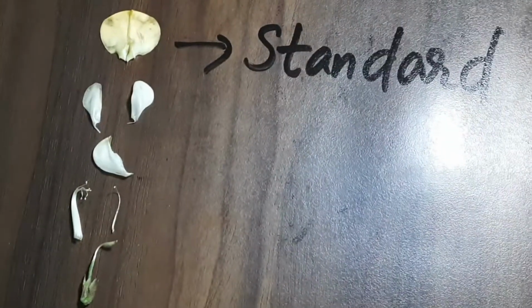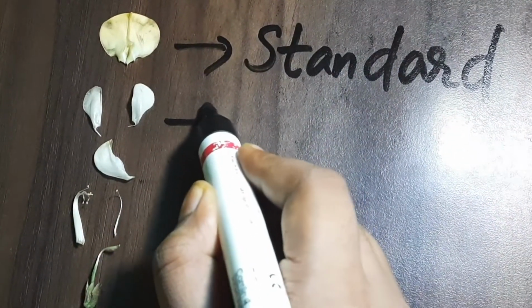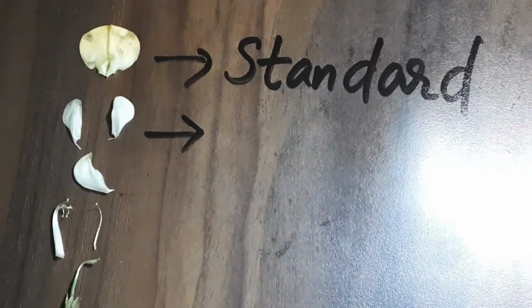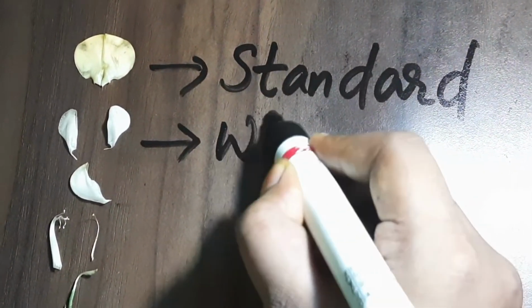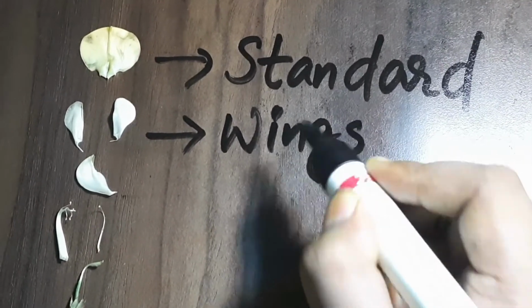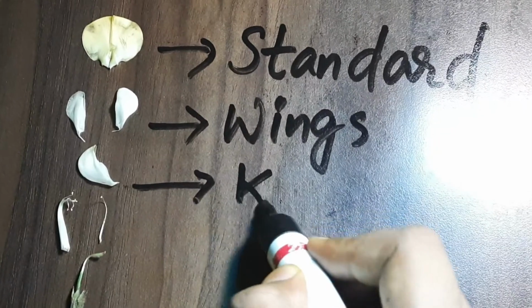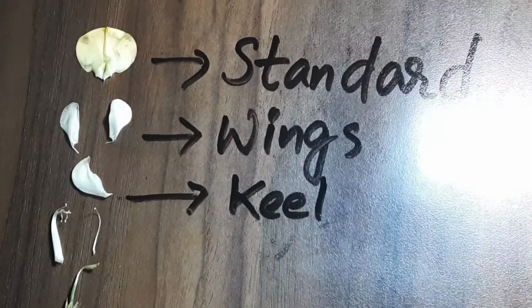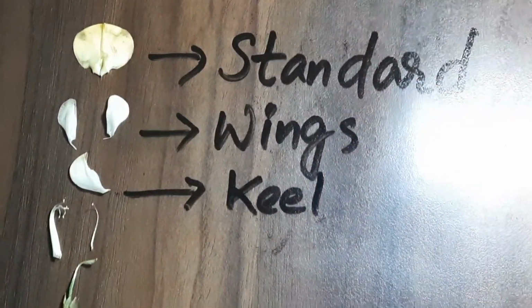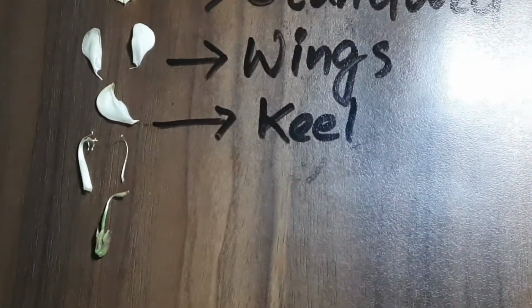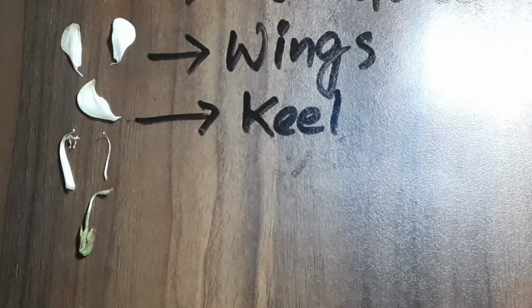These two are the wings. This one is the keel. The keel actually fuses to create one petal, but there are 2 petals.